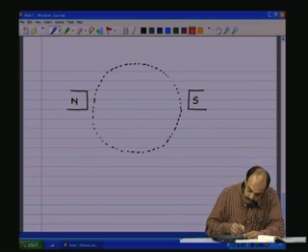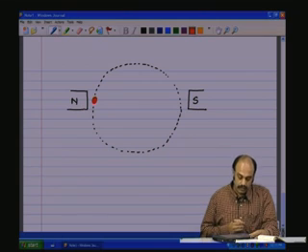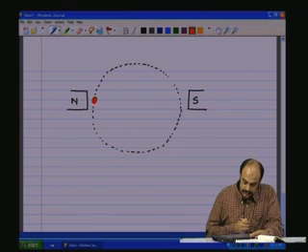So, let us now have a conductor which is positioned like this. So, once we have the conductor, this single conductor positioned like that.